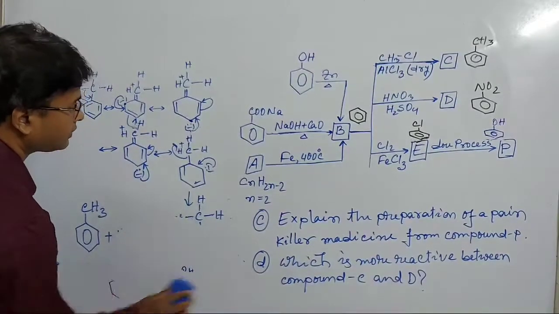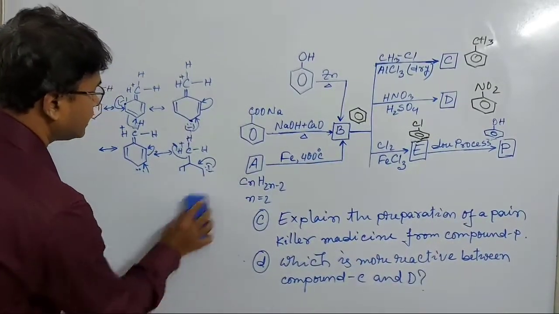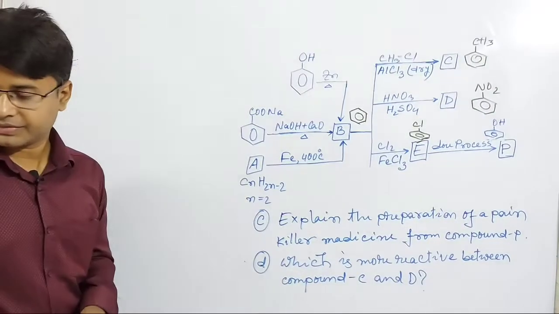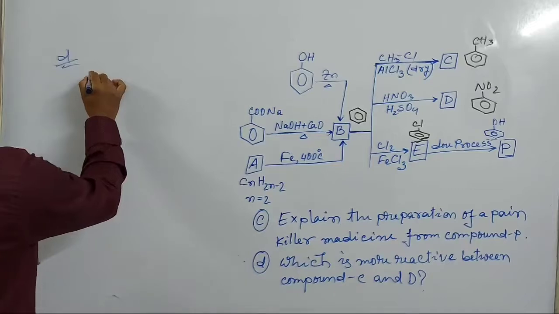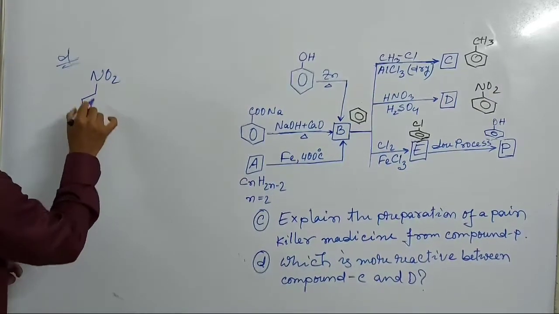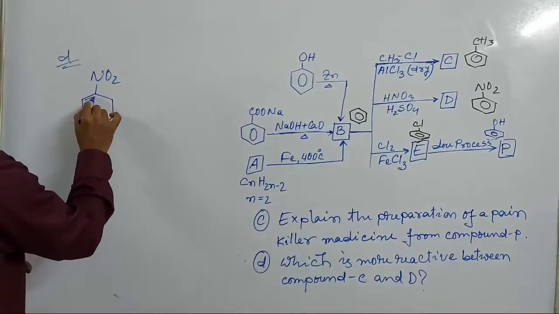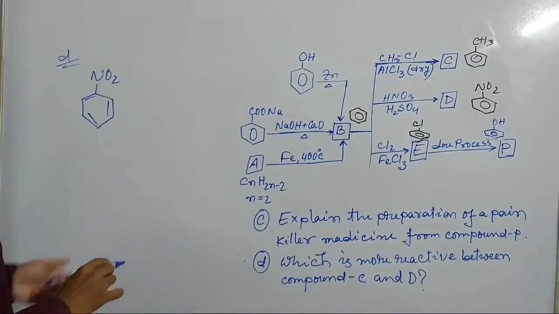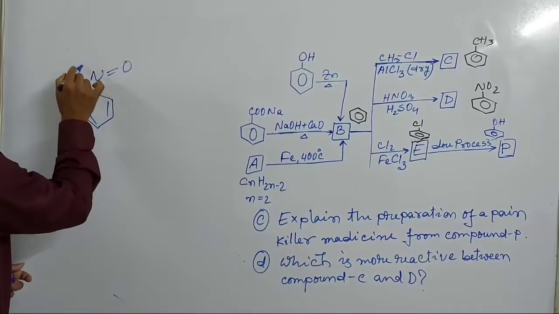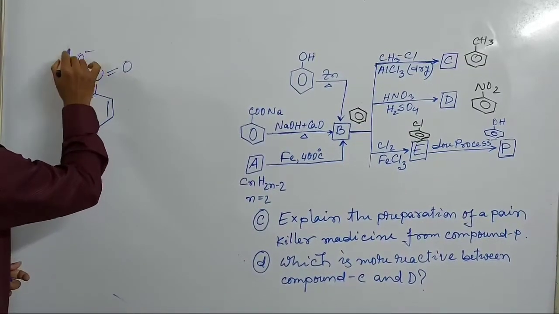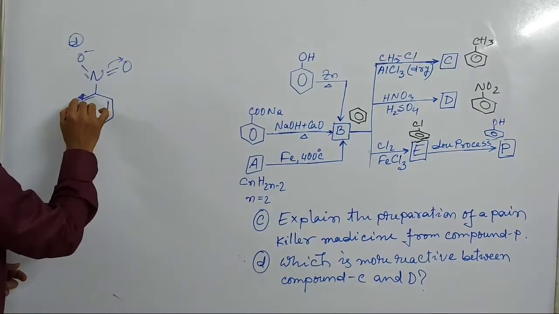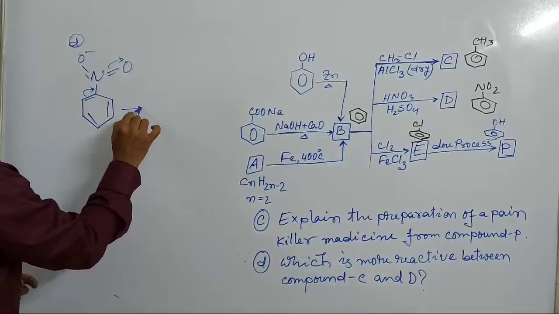And now come to another point, nitrobenzene. In case of nitrobenzene, an electron withdrawing group, the nitro group, is directly bonded with the benzene ring, and the nitro group withdraws electrons from the benzene ring.